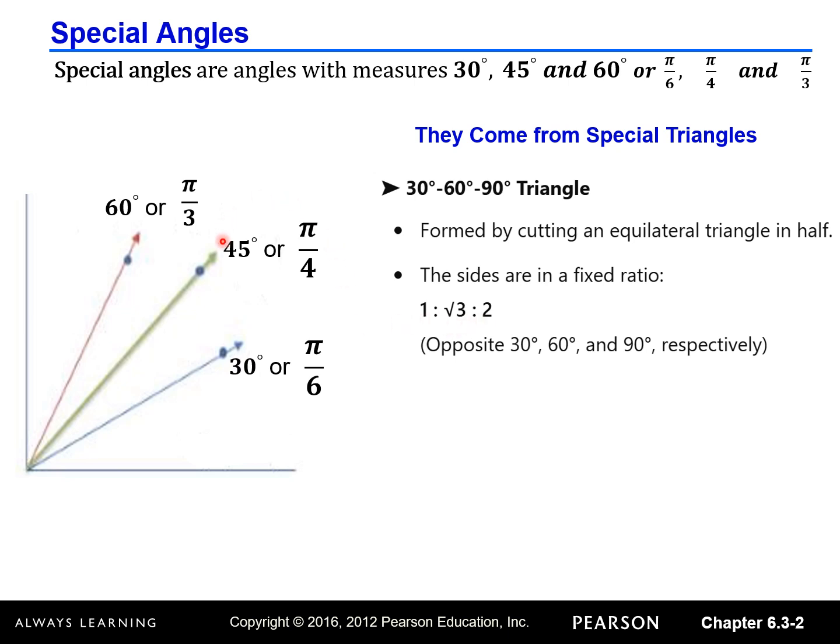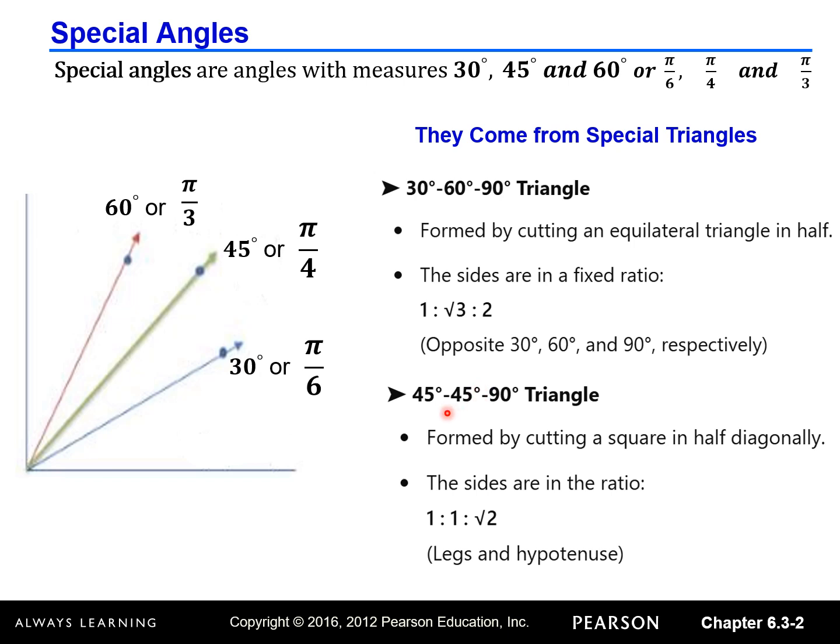And 45 degrees or pi over 4 came from a 45-45-90 triangle, which is an isosceles triangle. It is formed by cutting a square in half diagonally, and the sides are in the ratio 1 is to 1 is to square root of 2.